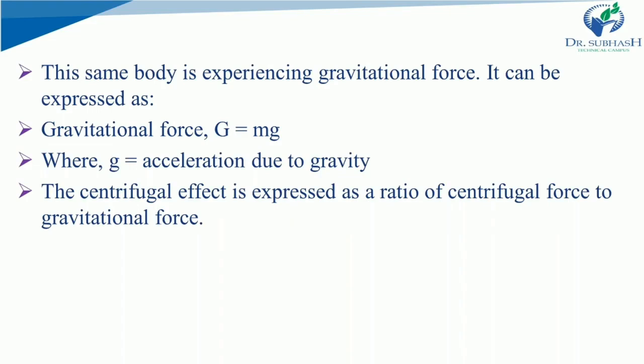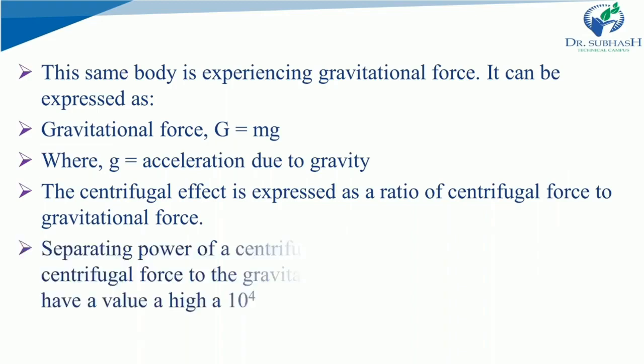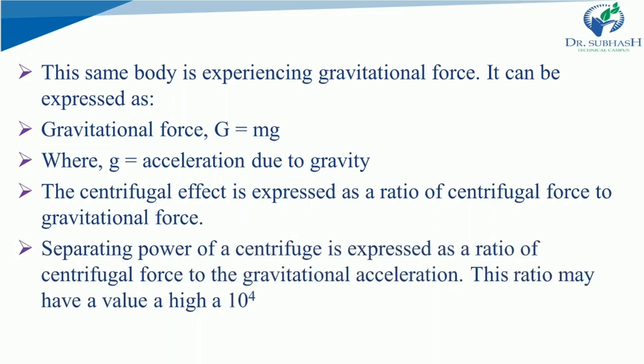So here the centrifugal effect is equal to centrifugal force divided by gravitational force. Separating power of centrifuge is expressed as the ratio of centrifugal force to the gravitational acceleration. This ratio can be as high as 10 raised to the power 4. To clear your scenario, we are still going further in this topic.